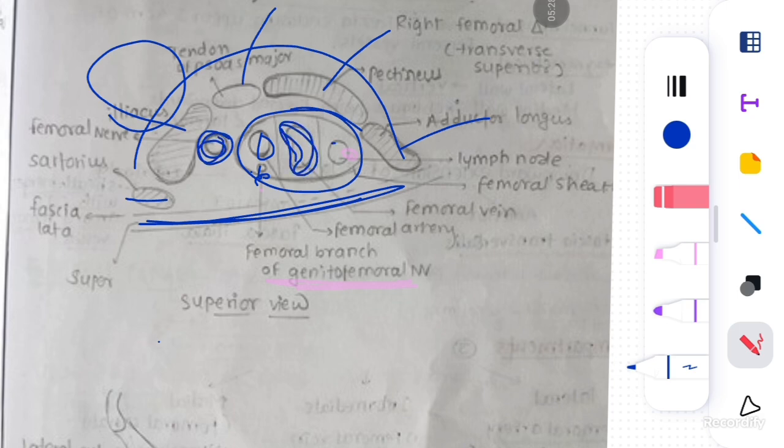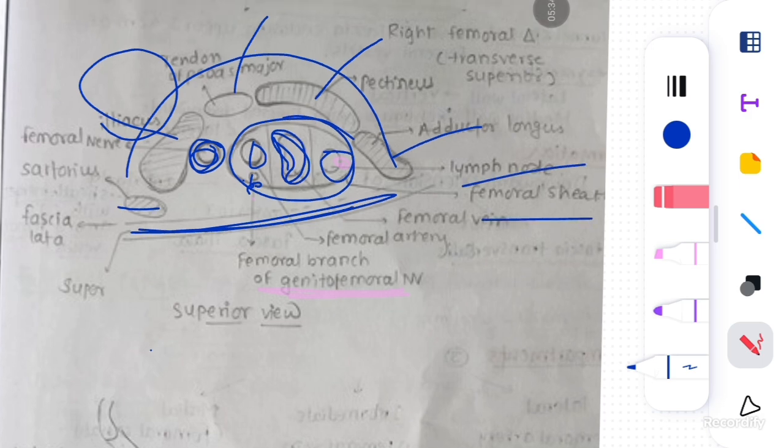And outside of the femoral sheath, there is the femoral nerve.